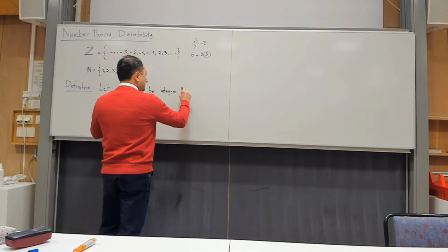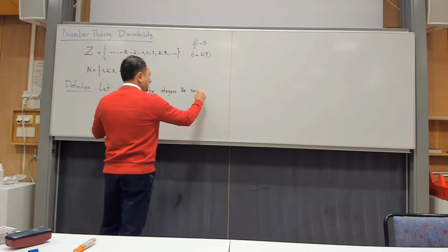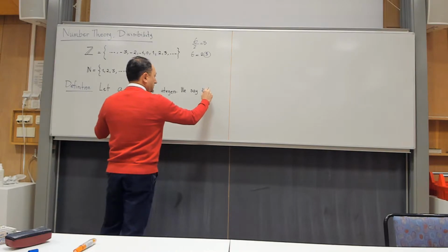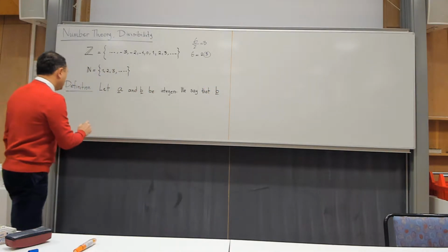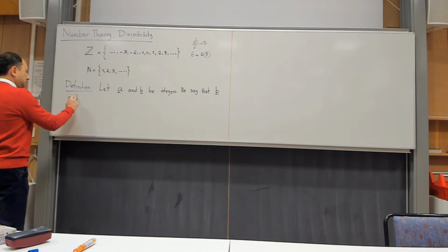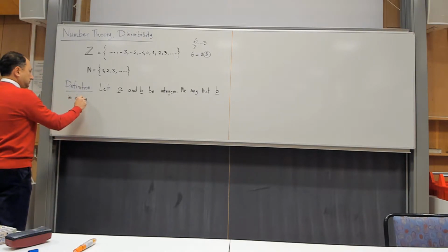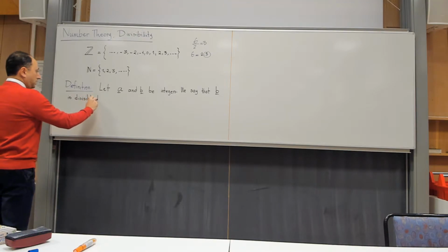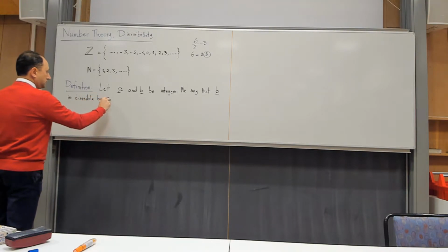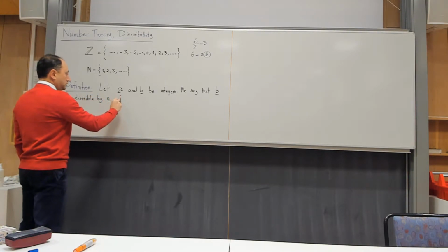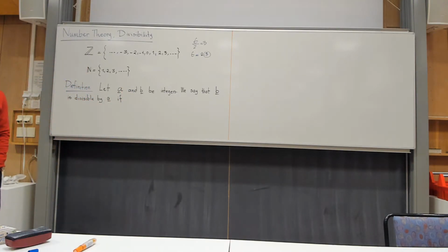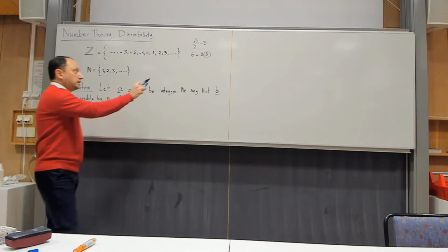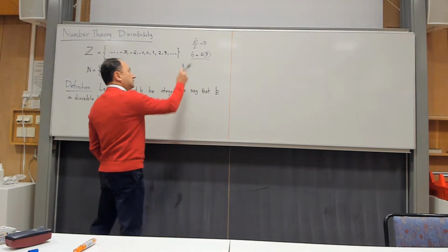We say that b is divisible by a if, okay, yeah, can you complete it for me? If what happens? I want you to define it in this way, not the previous one.